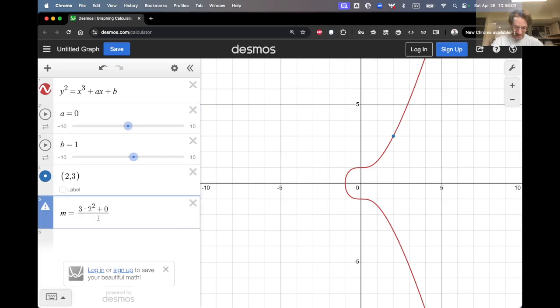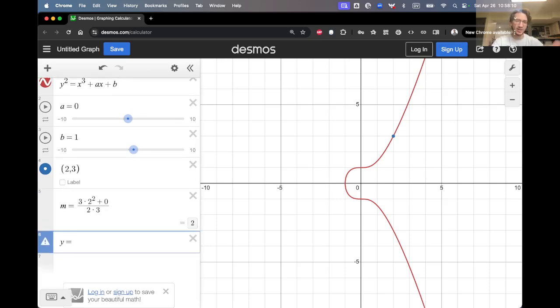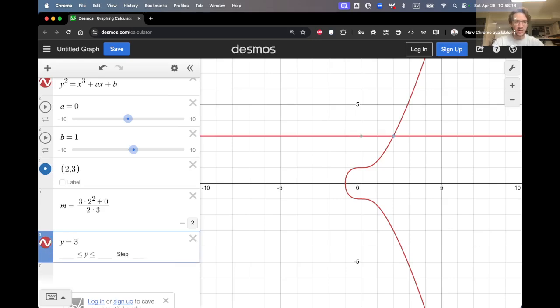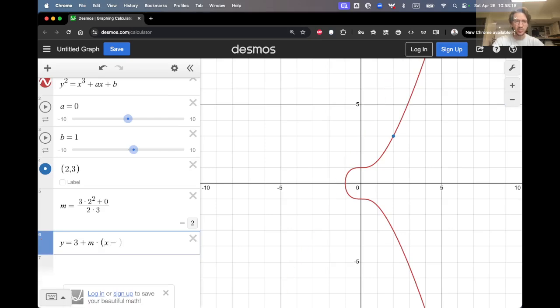Okay, and then over 2 times y1, which is 3. So our slope is 2 there, and we can verify that by saying y equals y1, which is 3, plus m times x minus x1, which is 2. There's our tangent line right there, and you can see where that intersects the curve. So we should get that 2p is going to be (0, 1).